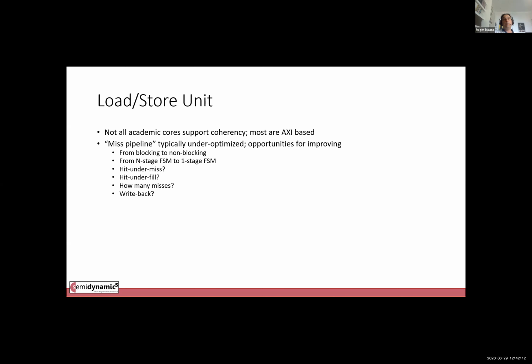State machines sometimes have many states, programmed by someone who was just in a hurry and was not interested in optimizing the miss case, but it's something very important to optimize. So you find a state machine that will go like, prepare to do a miss, send the request, wait for the request, and maybe that's a 3-stage state machine that can actually be done in a single stage. And for higher performance cores, those things are important.